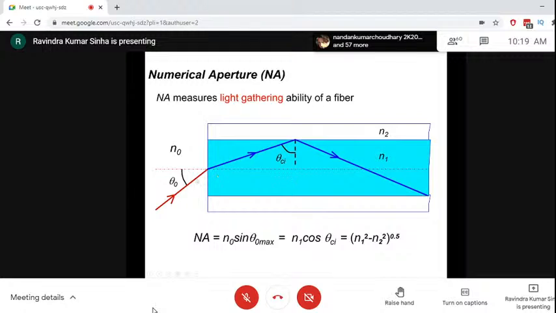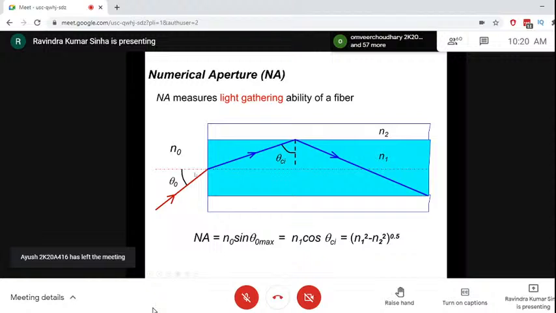So I am considering the maximum angle here, corresponding to which the angle of refraction is this. This should be as low as possible, so that this angle should be equal to or greater than the critical angle. So this is my maximum angle.